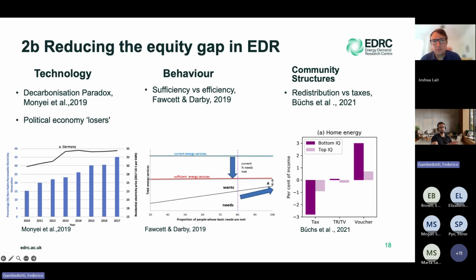And as you can see by the graph, it's quite obvious that the voucher had a much better impact because the financial subsidy provided to the bottom quintiles, to the lower income households, represented a significant increase with respect to their income, right?